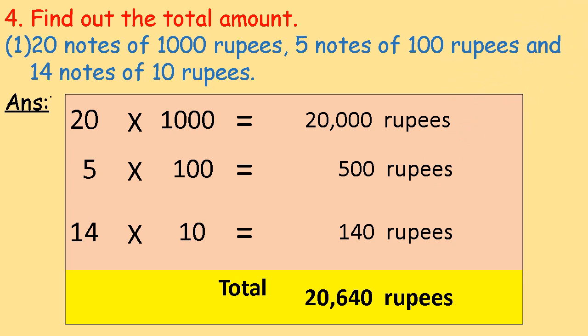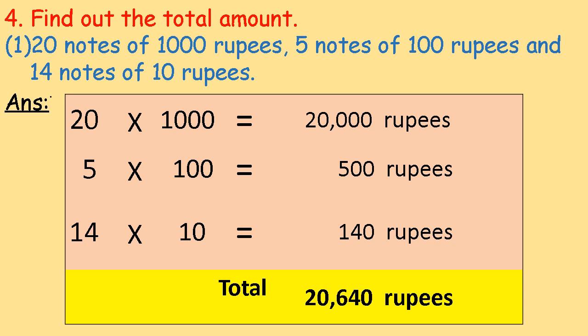Next question is, find out the total amount. 20 notes of 1000 rupees, 5 notes of 100 rupees and 14 notes of 10 rupees. 20 currency notes of 1000 rupees denomination makes 20,000 rupees. 5 currency notes of 100 rupees denomination makes 500 rupees.